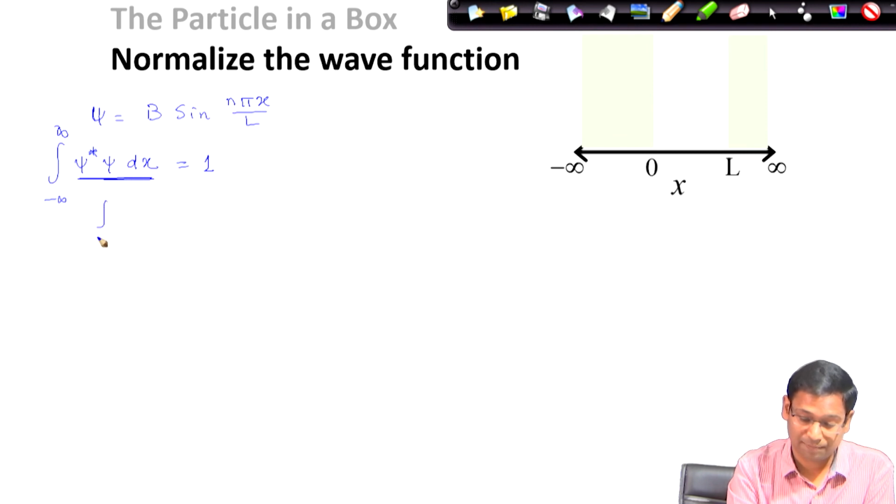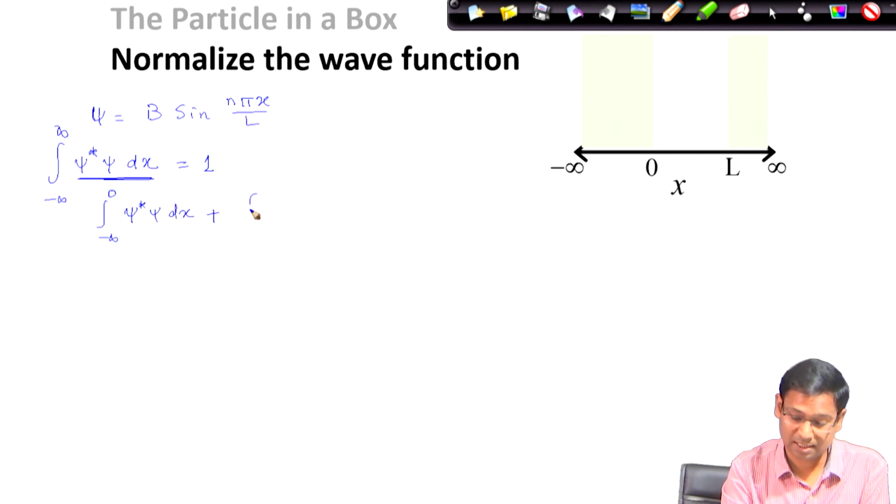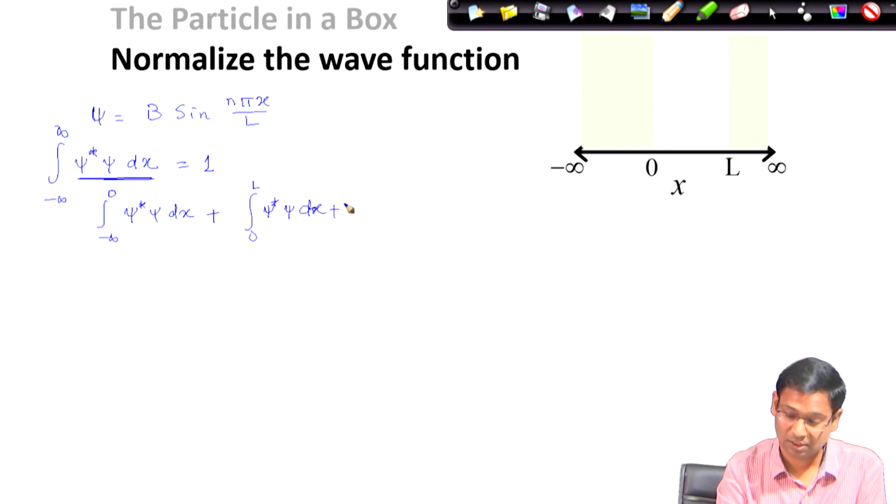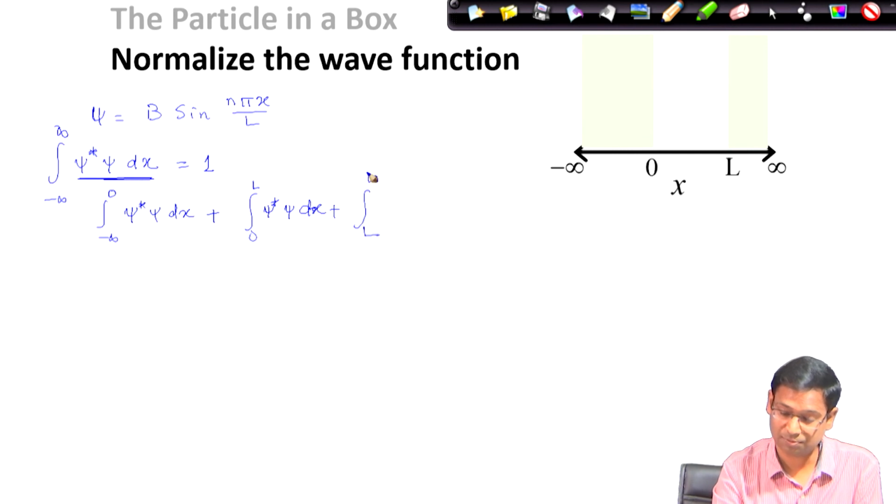We can break it down into minus infinity to 0, the second term 0 to L, and the third term L to plus infinity, which should sum to 1.